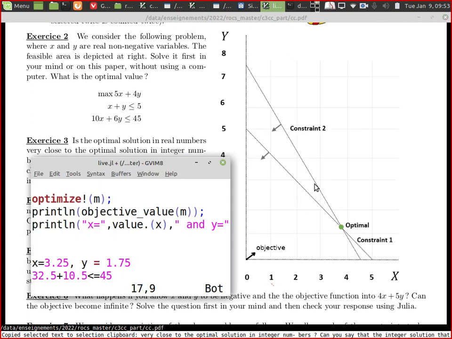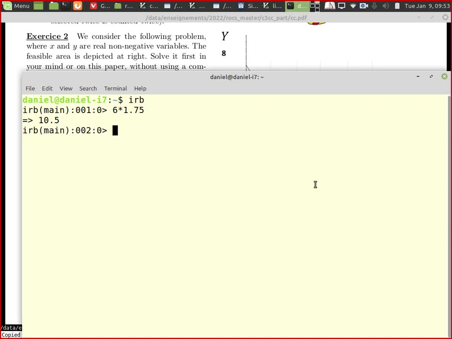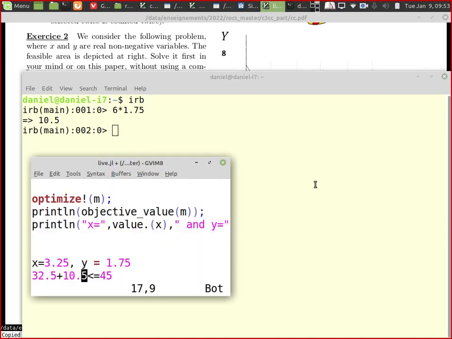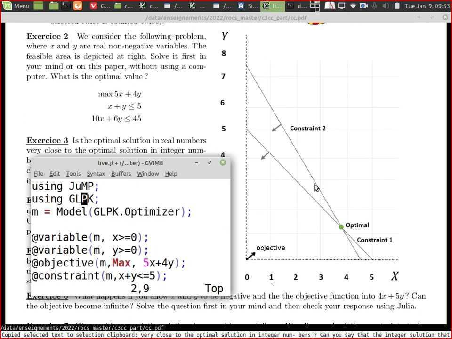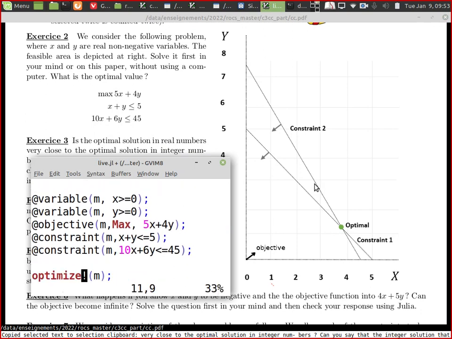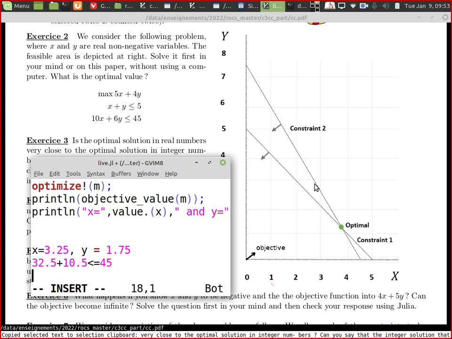It's a bit strange, it's not 45. No, it's less than. Did I correctly write 45? So this gives 43.